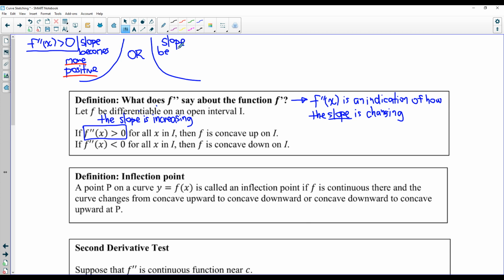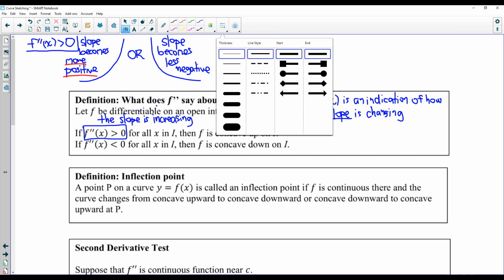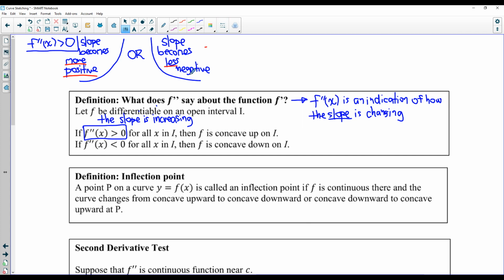Your slope becomes less negative. Whether you have the slope becoming more positive or the slope becoming less negative, in either scenario, your slope is increasing.